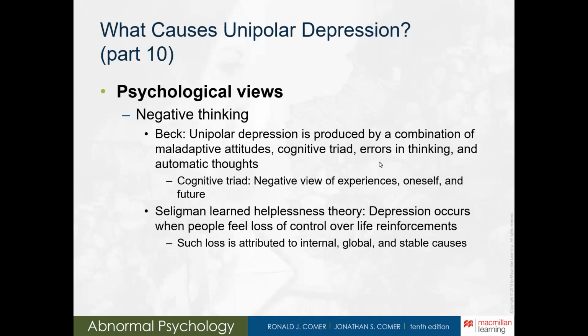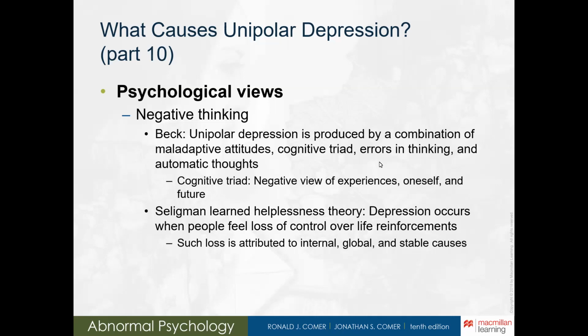Then we talk about negative thinking. This is again under the cognitive behavioral realm, looked at as what are called cognitive distortions. If you look under Canvas, you will see a list of cognitive distortions. Cognitive distortions were created by Aaron Beck, who we all know is the founder of cognitive behavioral therapy. He says that unipolar depression is produced by a combination of maladaptive attitudes, cognitive triads, errors in thinking, and automatic thoughts.